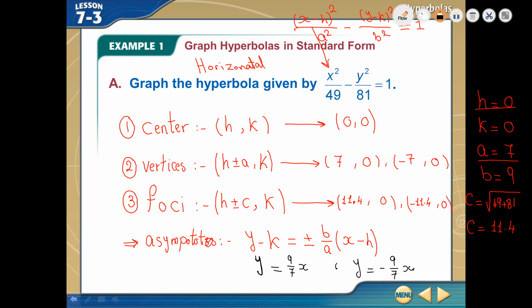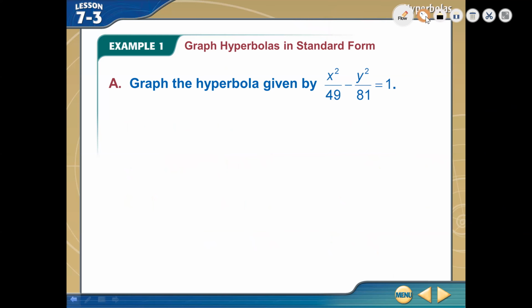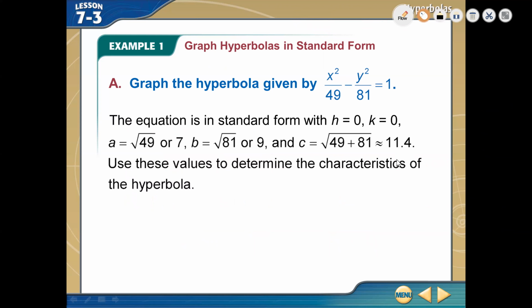If you use the center, the vertices, and the foci, you can draw your problem, or you can choose the right graph from the choices. Let's check the answers quickly. Hussein starts the problem by getting h equals 0, k equals 0, a equals 7, b is the square root of 81, and from it he gets c as 11.4.